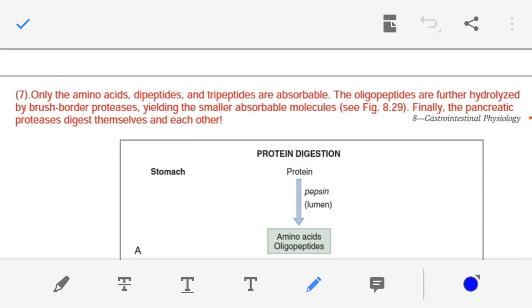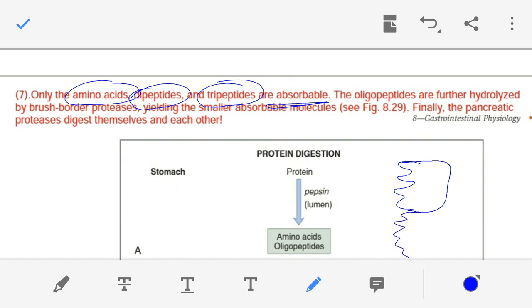Now only the amino acid, dipeptide and tripeptide are absorbable. That means, let's say I am drawing, this is the enterocyte cell, this is the adjacent enterocyte cell.